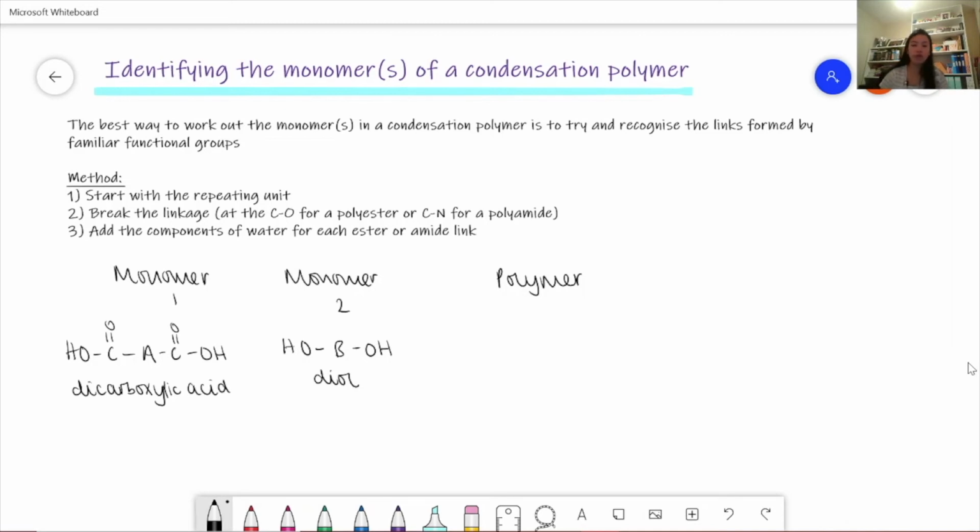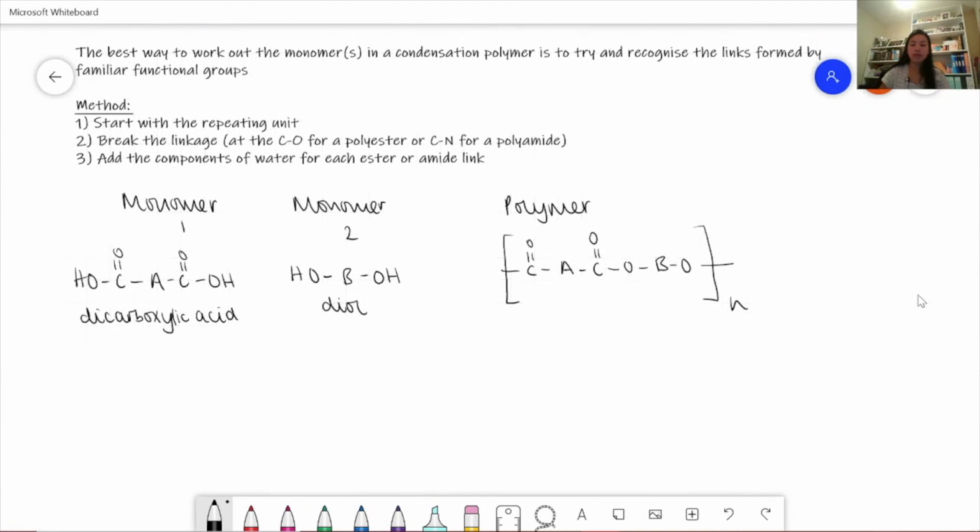Then what we would form would be this polymer. So we'd have carbon with a double bond O, and then A, carbon with a double bond O, and then O, B, and O. So this is the polymer we would form with these two monomers. And so this is what you would remember. So this is the kind of table that we would form.